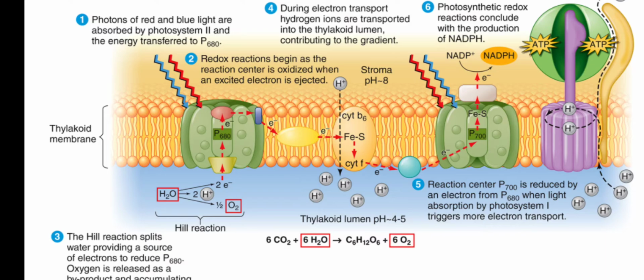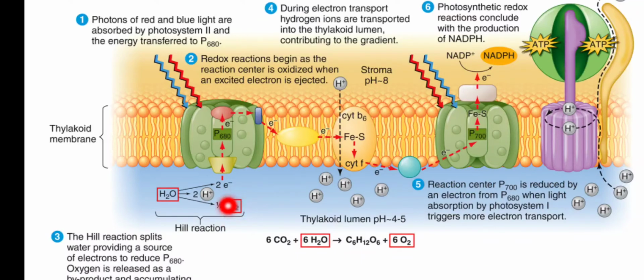So you have a redox reaction here. And just like the electron transport chain, when the photon energizes your P680, it splits water. So it gets electrons from water, and you will end up with 2 protons and an oxygen radical, 1/2 O2.